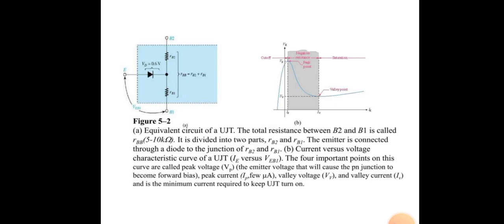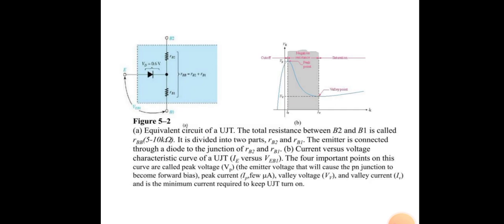The current IEO, usually measured in microamps, corresponds very closely with the reverse leakage current ICO. That is mentioned in the graph. And when VEB1 reaches VP, that is the peak point voltage, the PN junction becomes forward biased and IE begins and the UJT is turned on.